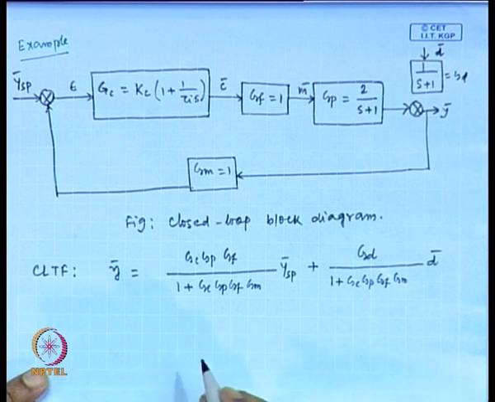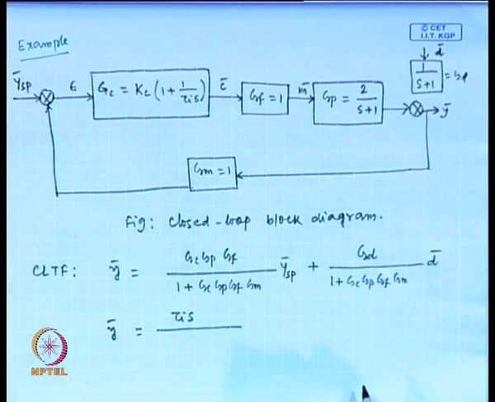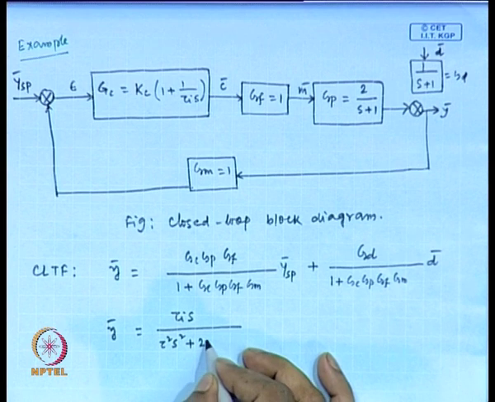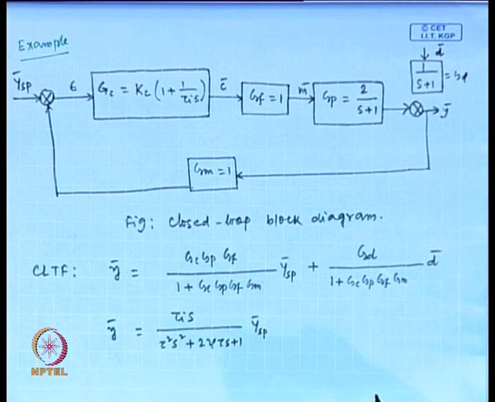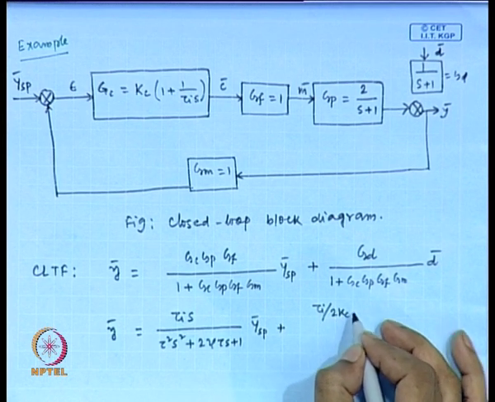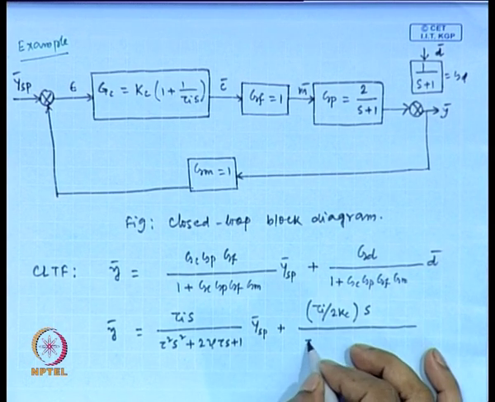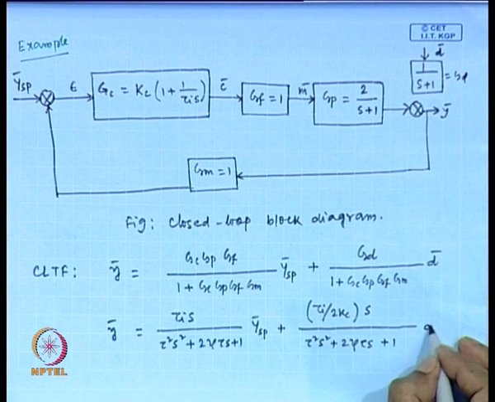If we substitute all the individual transfer functions, then finally we get y bar equals tau I s plus 1 divided by tau squared s squared plus 2 zeta tau s plus 1, times y set point bar, plus tau I divided by 2 Kc multiplied by s divided by tau squared s squared plus 2 zeta tau s plus 1, times d bar.